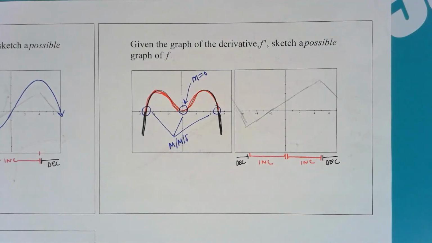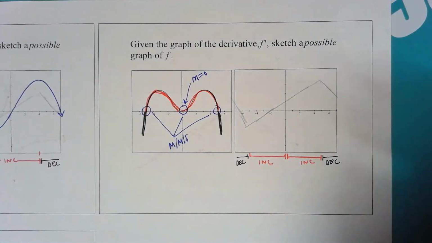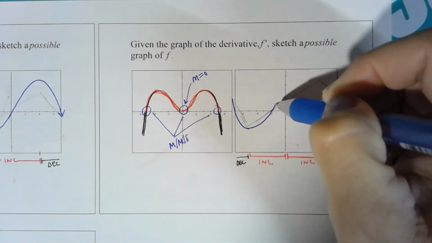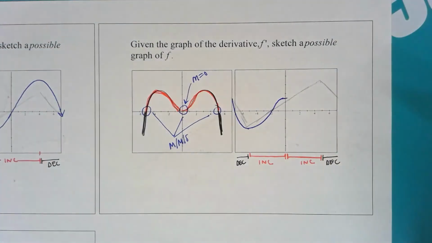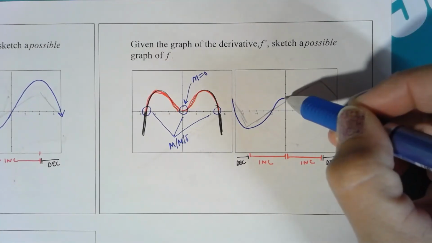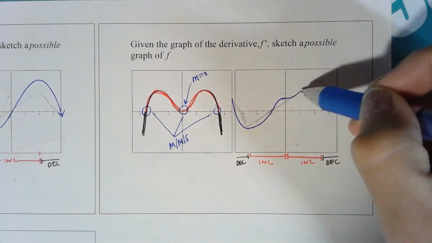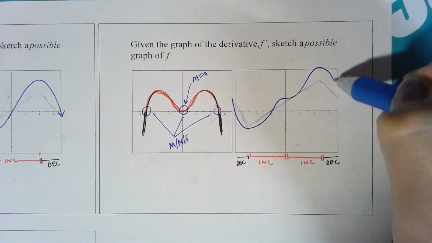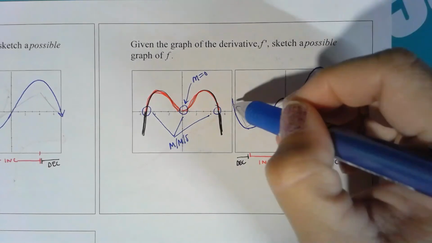So we have to flatten our graph out at x equals 0. So we're going to make that minimum occur. And then when I get to x equals 0, I'm going to flatten out, get that shelf, almost like I'm getting ready to turn around and come back down, but instead of turning around, I'm going to continue going up. And then don't forget to stop and turn around at x equals positive 5.